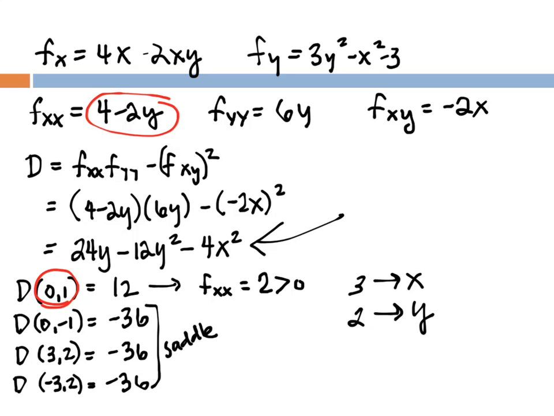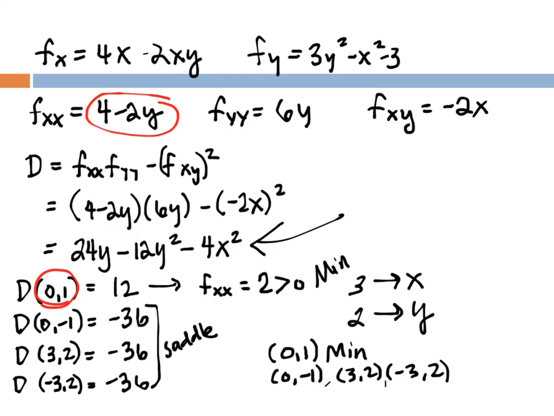Smiley face, which means we have a minimum, right? All right, so it looks to me like 0, 1 is the minimum. We've got 3, 2, I'm sorry, I missed one: 0, negative 1, 3, 2, and negative 3, 2 that are all saddle points.